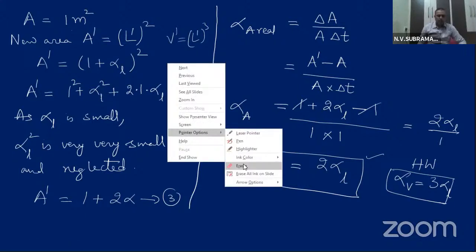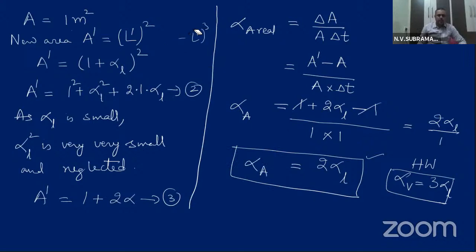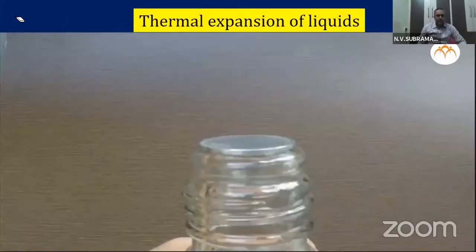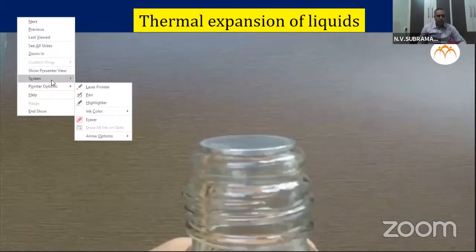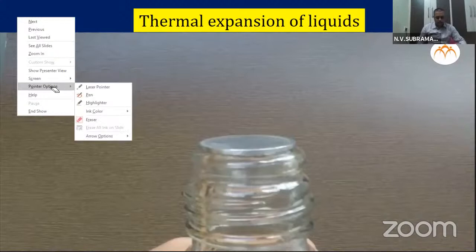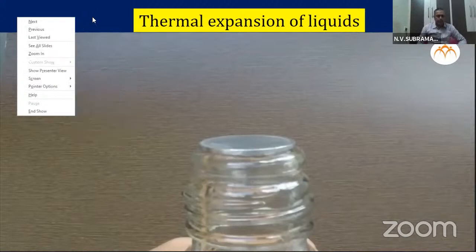So, I hope this explanation is clear to all of you. So, I finished expansion of solids. Now, let us go ahead and study expansion of liquids, children. So let me continue with our topic.